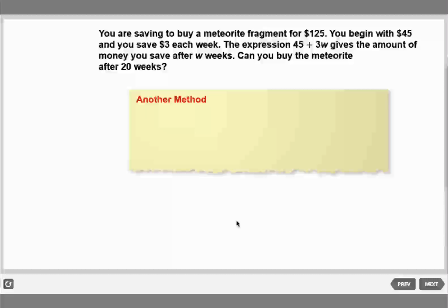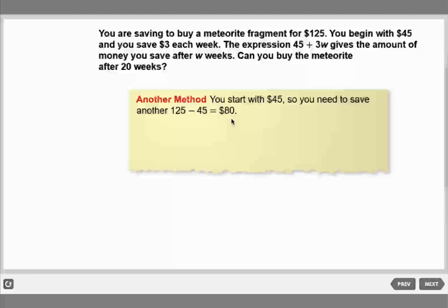And this way, we will not use what we did. We will use another way. We will start with the 45. You started with the $45. Remember? You have already 45. Then you save 3 each week. So let's subtract what you started with. Subtract the 45, you have $80.